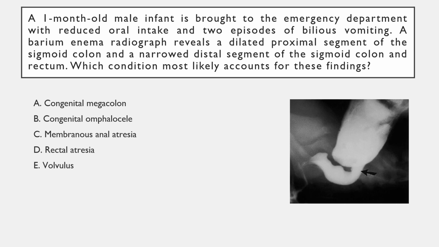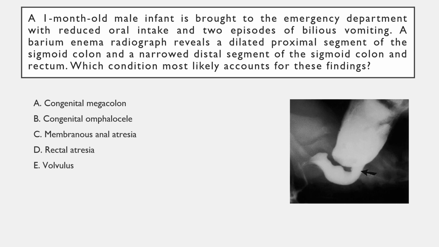Let's have a look at the second question. A 1-month-old male infant is brought to the emergency department with reduced oral intake and 2 episodes of bilious vomiting. A barium enema radiograph reveals a dilated proximal segment of the sigmoid colon and a narrow distal segment of the sigmoid colon and rectum.